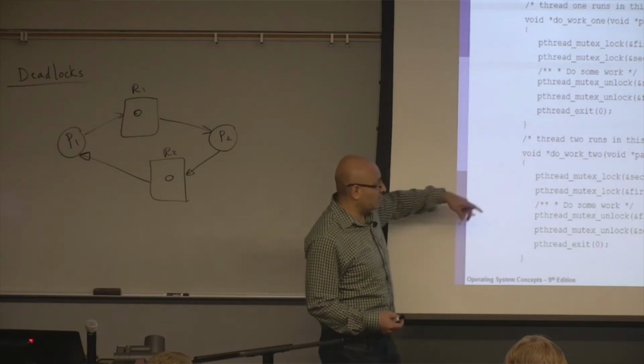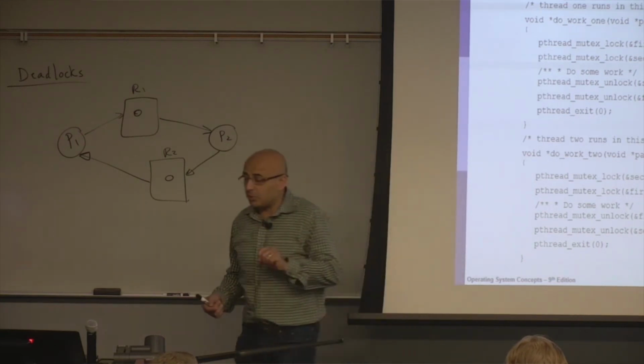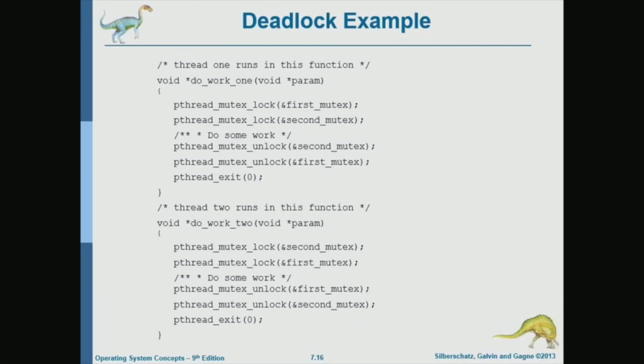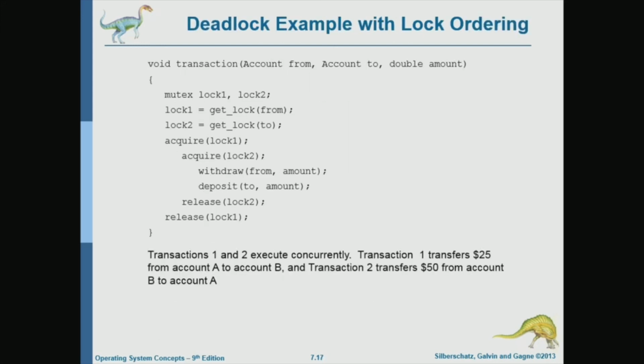So we force both to do the locking in the same order, and we can prevent deadlocks. But sometimes the order is dictated by what the process is trying to do, and sometimes things will be more complicated, like this example.